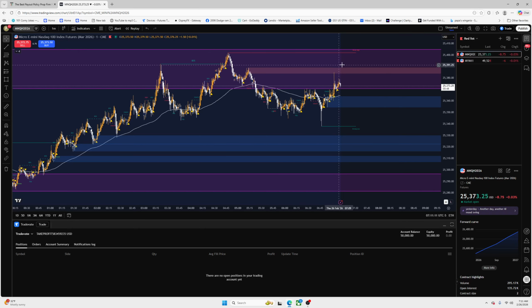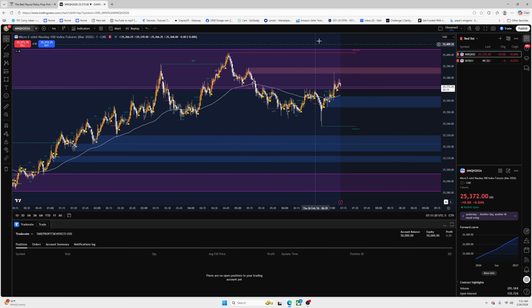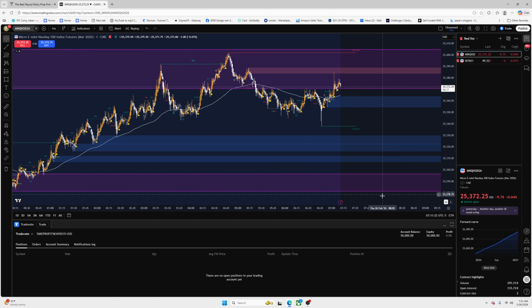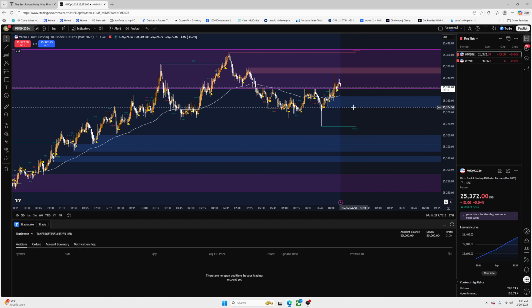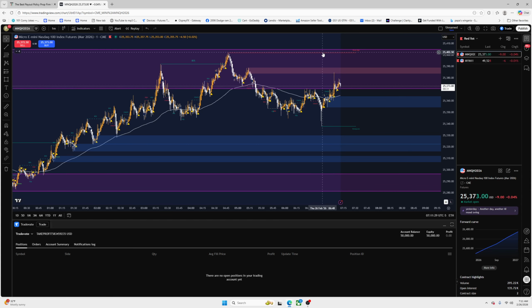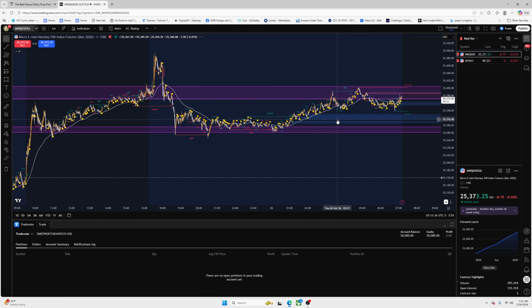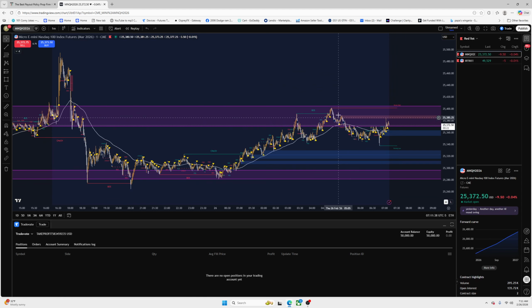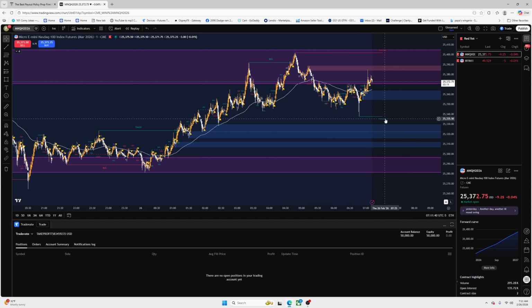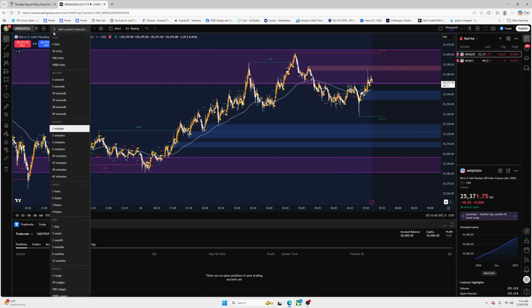This is what we're looking at for Nas. Looking for price to come to one of these zones here, either up here or below. We do have a weak high and a strong low. Hold on, let me look at the 1 hour real quick.